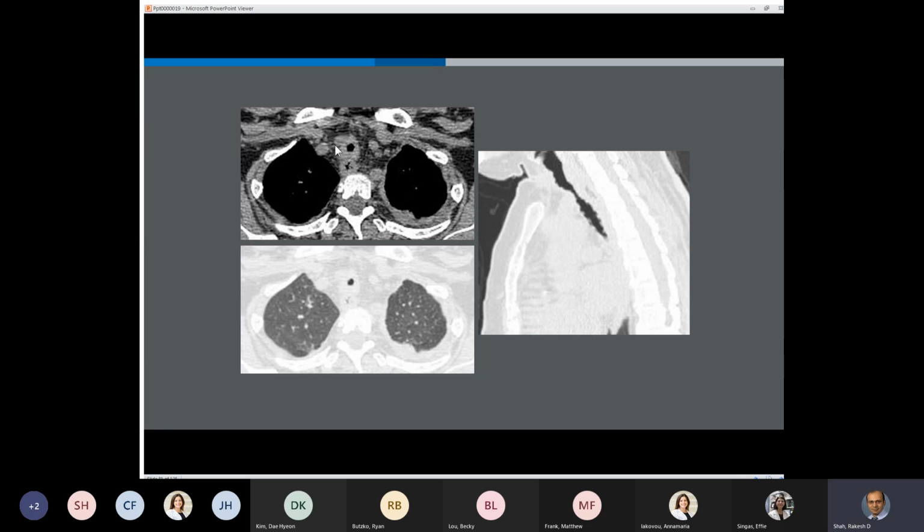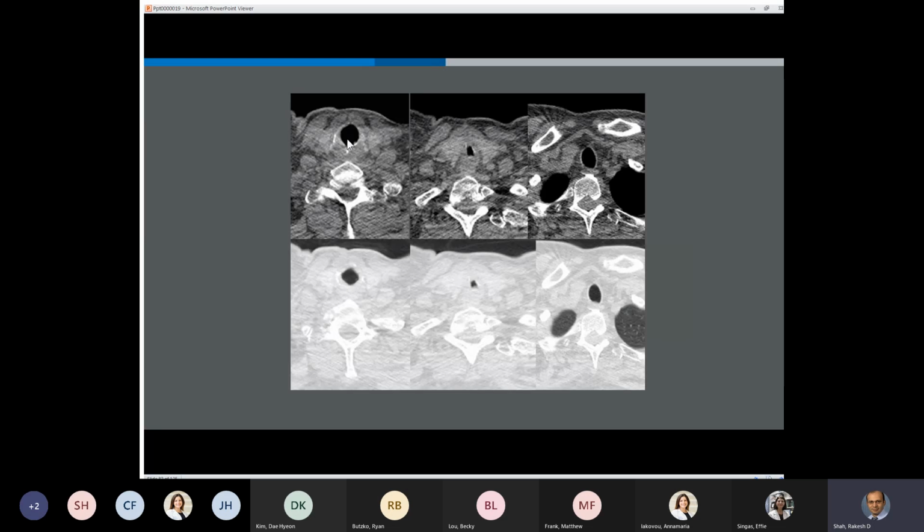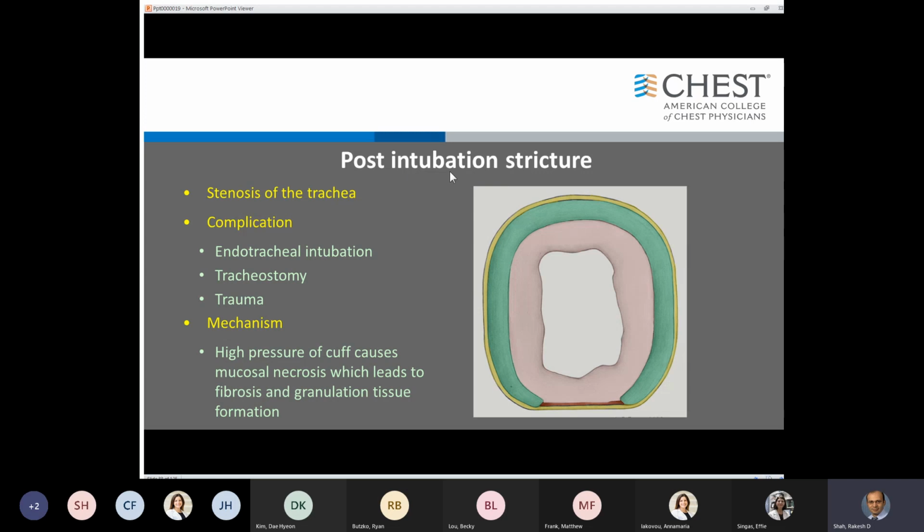The normal trachea should be about this big, but instead the lumen is pretty narrow. And if we image the trachea above and below, it would be normal, just like here. So the trachea above is normal, below is normal, but right at the thoracic inlet, you can see this deformity and narrowing.